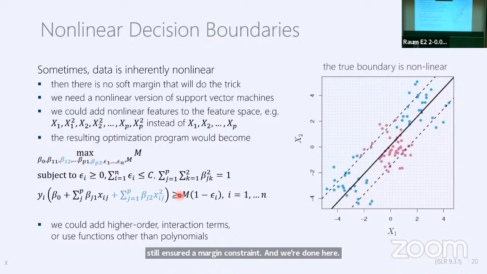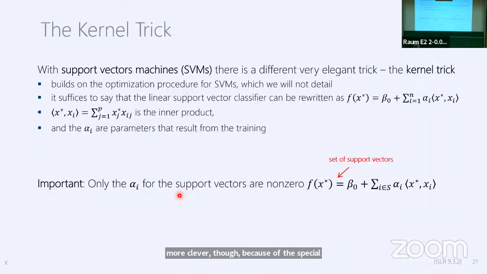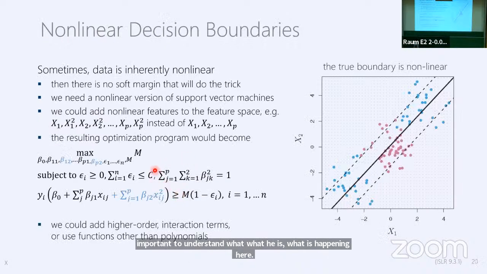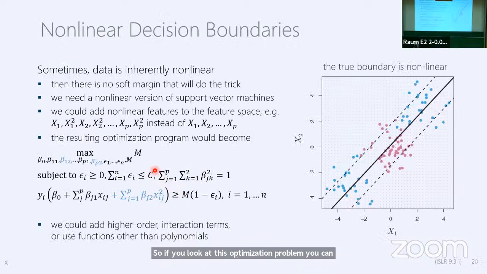What we can do in support vector machines is something more clever, though. Because of the special way this classifier is constructed, we can use the so-called kernel trick. This is a very efficient trick, and it's actually applicable beyond SVMs in many other domains, so it's important to understand what is happening here. If you look at this optimization problem, you can rewrite it into a different form.